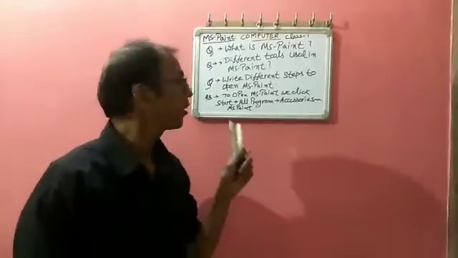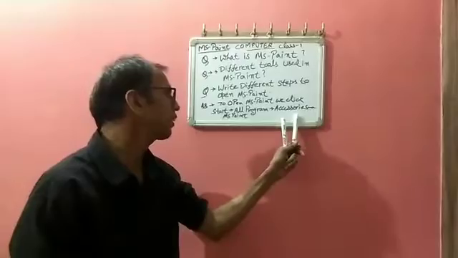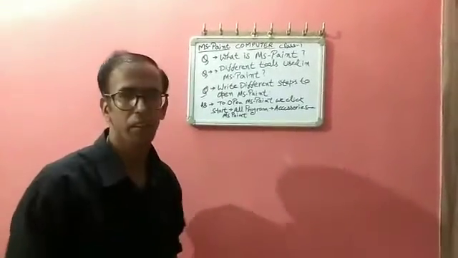How will you open MS Paint? We click on the start menu, then the all programs menu, then accessories, and then MS Paint.